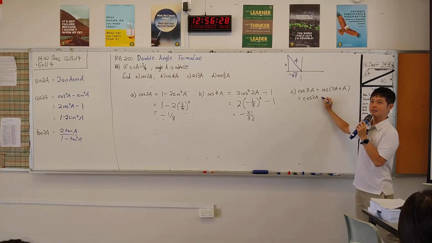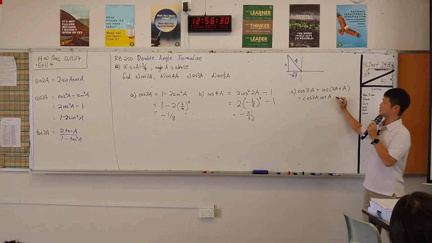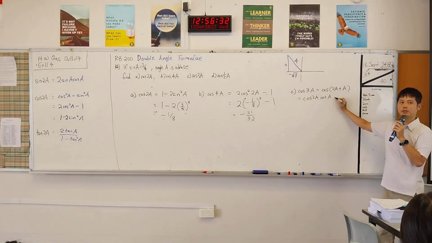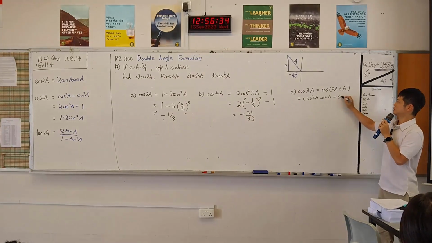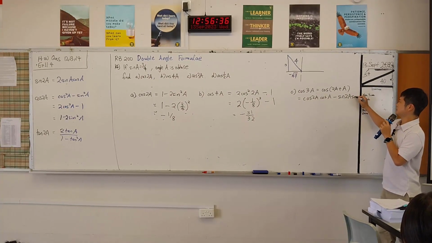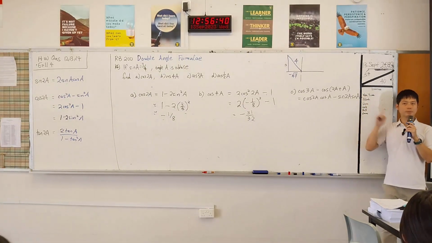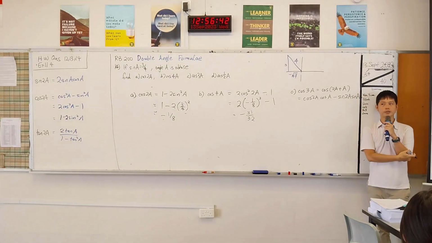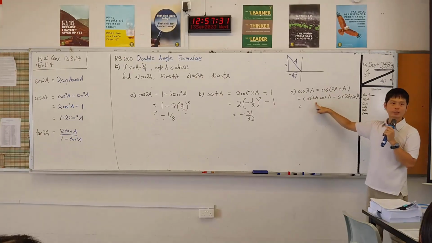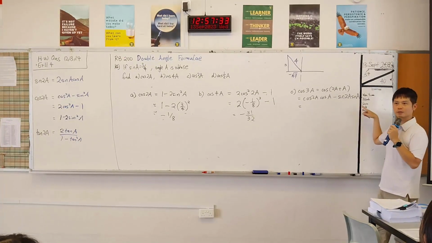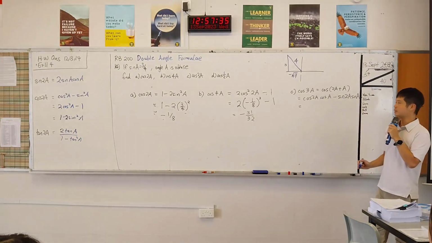So I will have cosine, what's the operation? Minus sine sine. Okay, so if I have this number, if I have this number, if I have this number, if I have this number, I'm done. No? Can you get the idea? Do I have cosine 2a? Look at the work that you have done so far. What is that number?